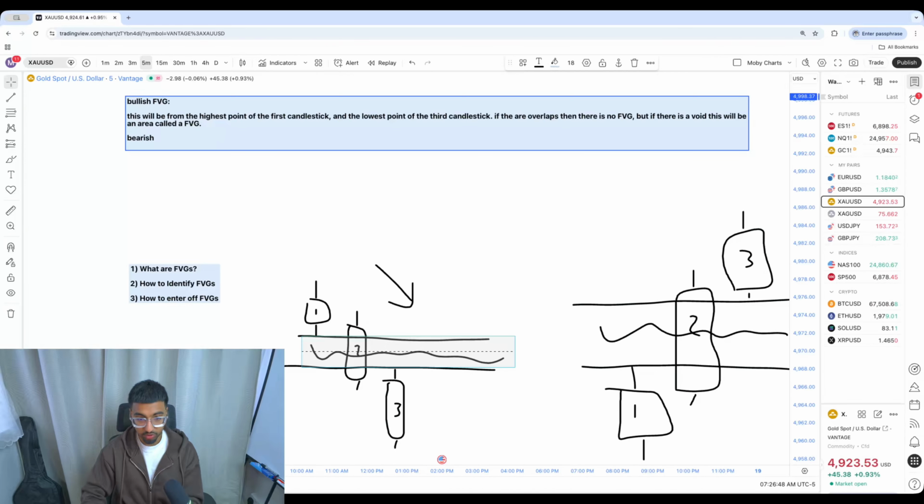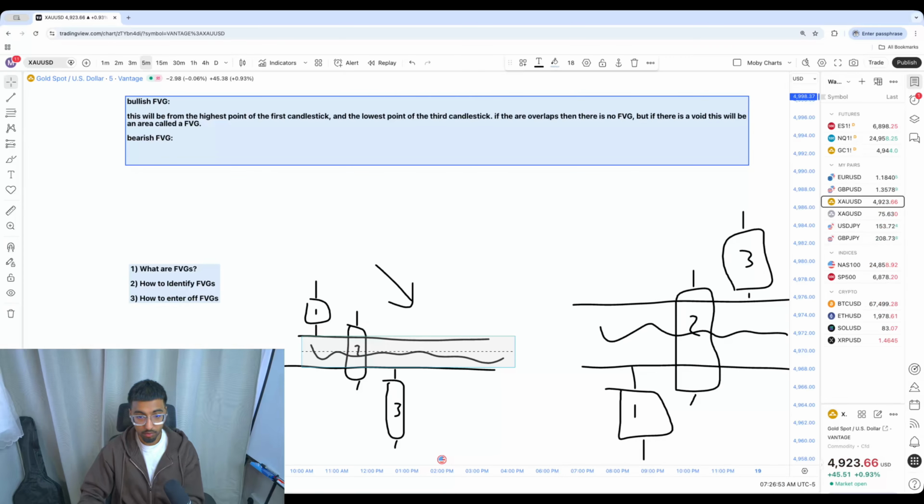Same thing with the bearish fair value gap. It'll be the opposite. So it'll be the lowest point of the first candlestick. Again, include the wicks. Don't not include the wicks. And the highest, so again the opposite point, of the third candlestick.